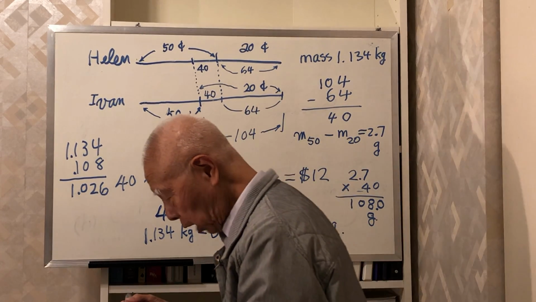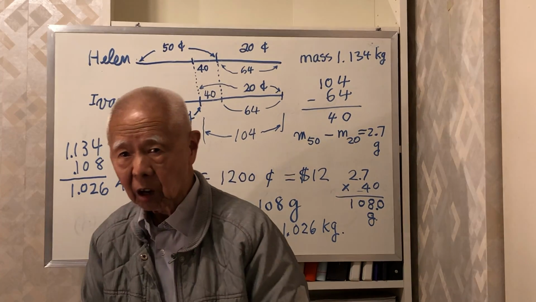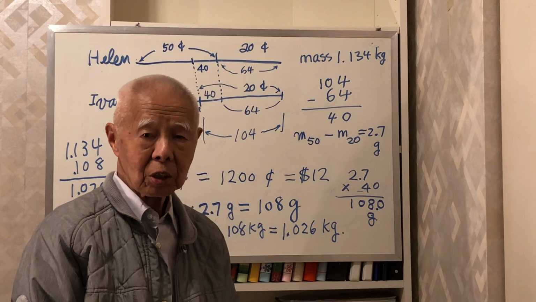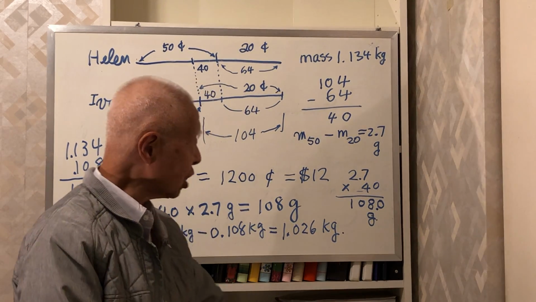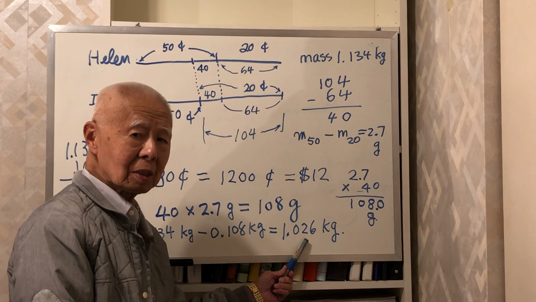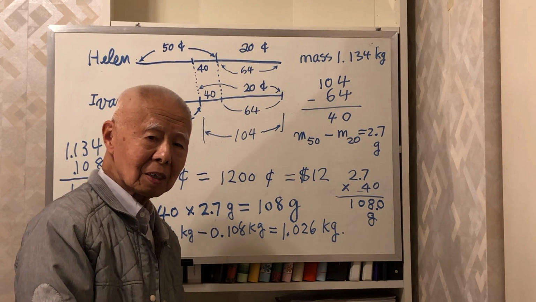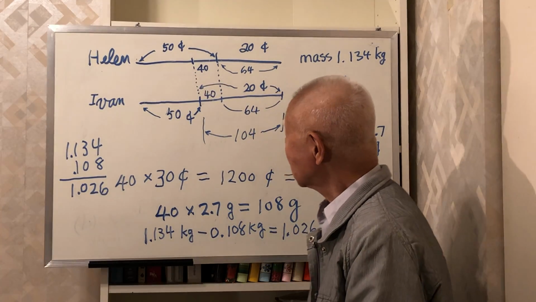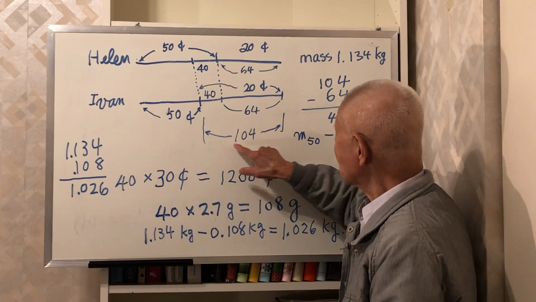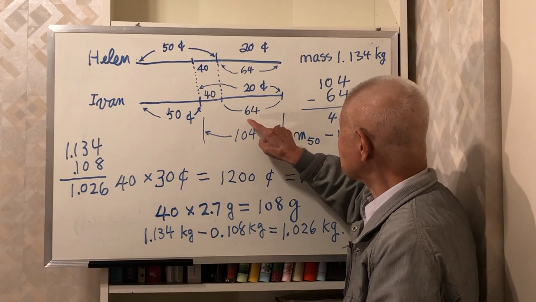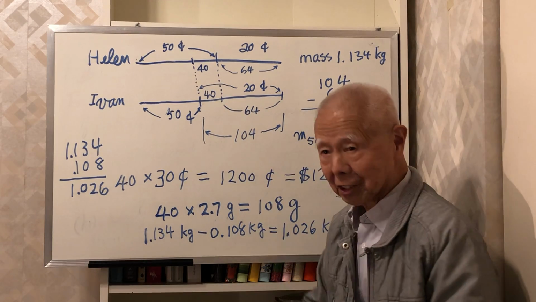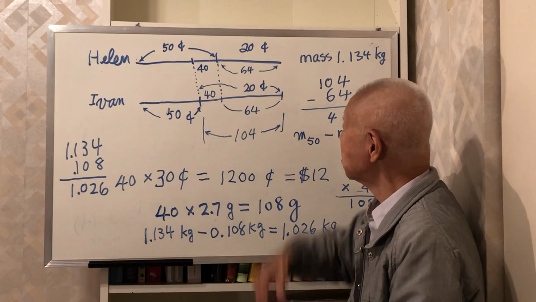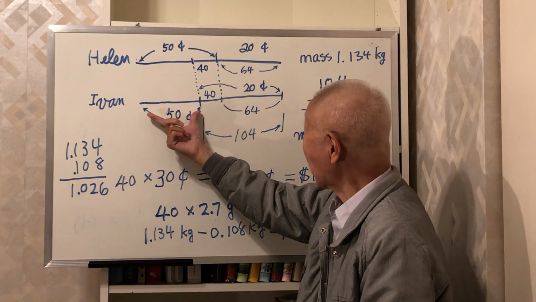So we solve this problem, both part A and part B now. What's the total mass that Ivan has for his coins? It's this much. So the trick of this problem is to break 104 coins into 64 coins and 40 coins. And compare 64 with 64 here, and compare this part with this part.